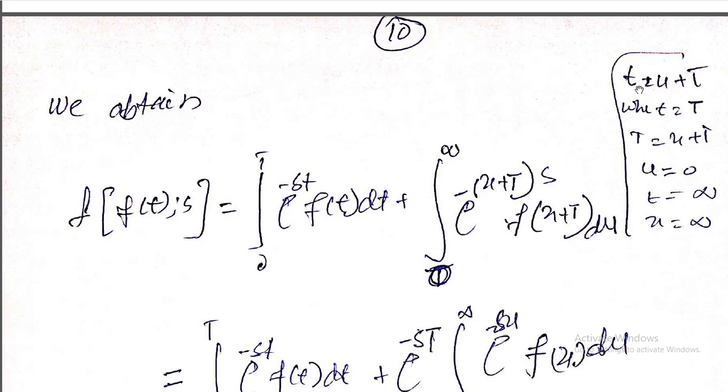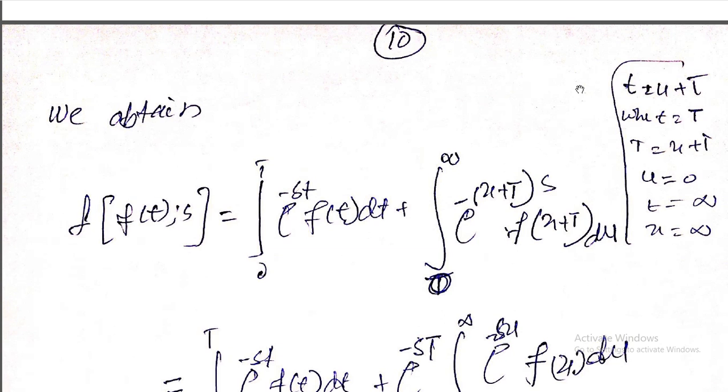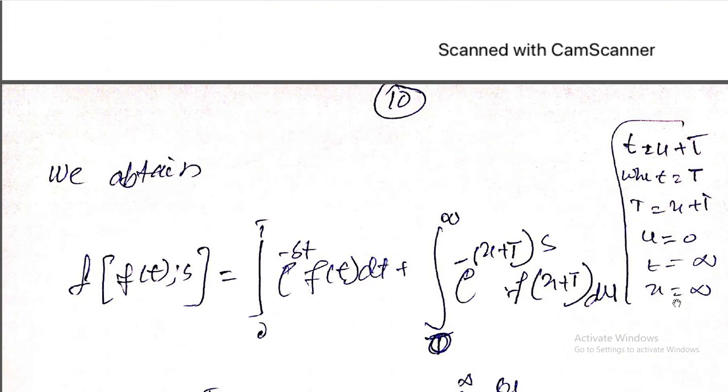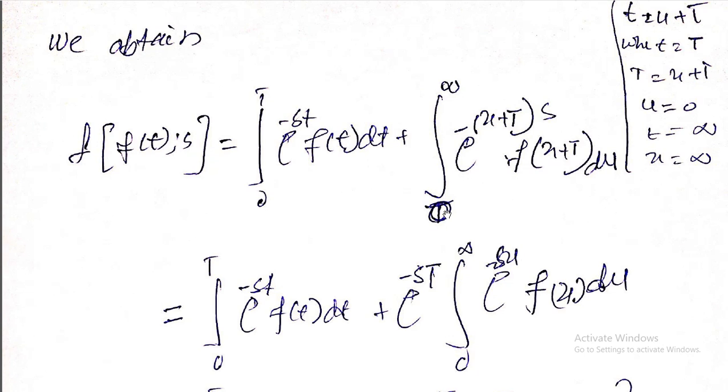Look at the limits: when t is equal to T, we put t equal to T here, so the limit of u becomes 0. And if t is infinity, u is also infinity. So the limit has changed from T to infinity, to 0 to infinity.